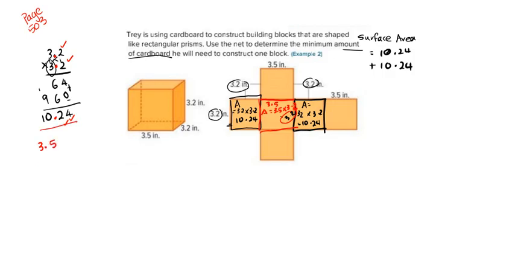3.5 times 3.2. We're first going to multiply 35 times 32. 5 times 2 is 10. 3 times 2 is 6, plus that 1 is 7. Now for the 3, that's actually a 30, so we're going to add that 0 first. 3 times 5 is 15, 5 carry 1. And 3 3s are 9, plus 1 is 10.